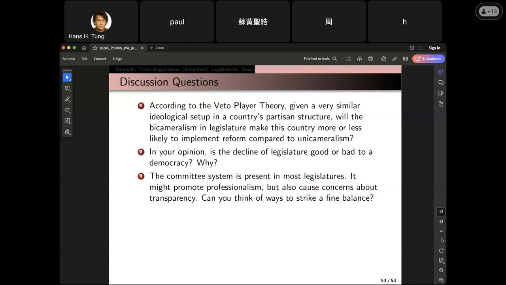Institutionally, in each committee only the members can vote on bills, while others can sit in and just listen. That's fine. But the threat to transparency is that once these committees create certain things that only they themselves understand, it becomes difficult for other people to understand. That's the concern, the tension between the two.